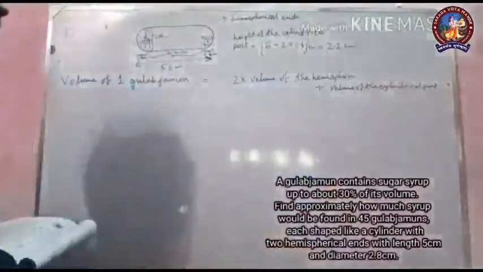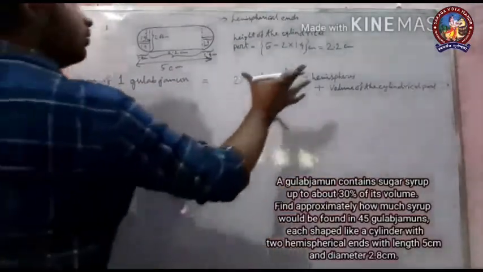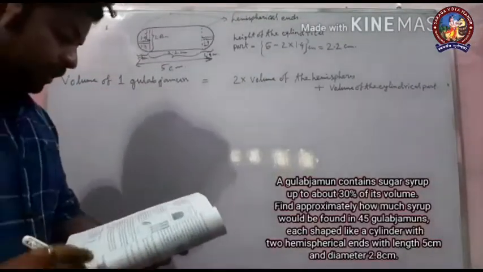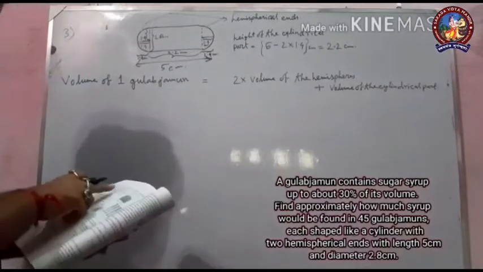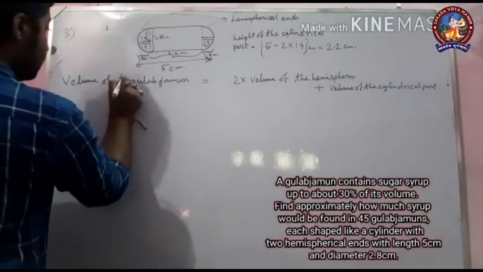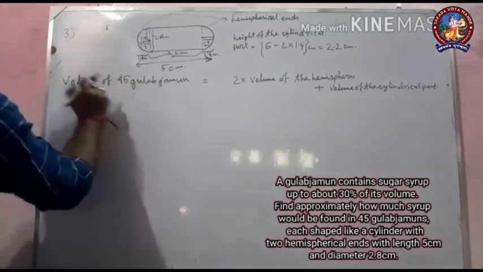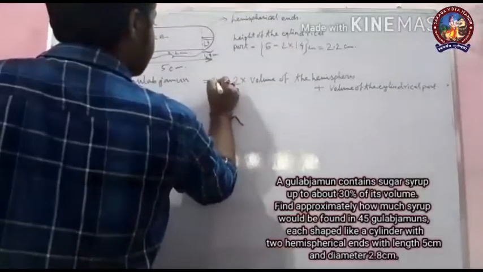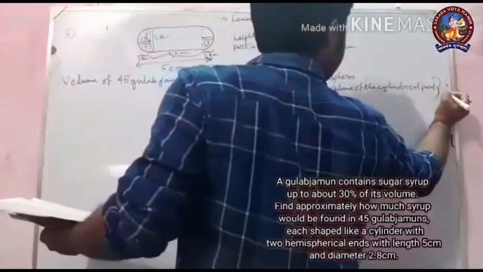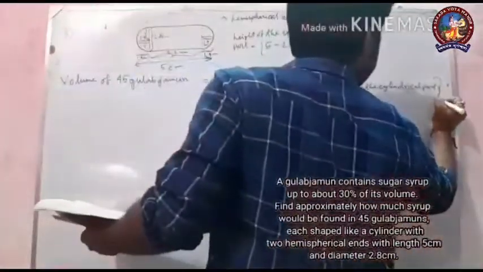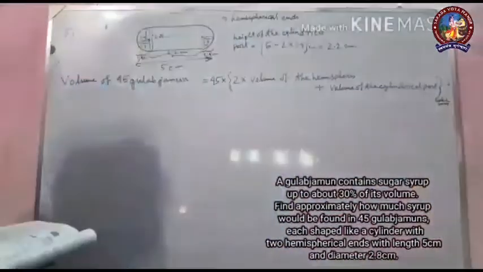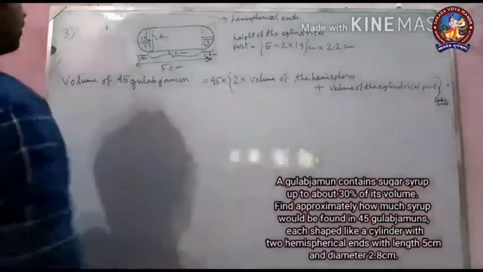This will be the volume of one gulab jamun. Now I have to calculate the volume of 45 gulab jamuns, so multiply this by 45, in cubic units. This will be the volume of 45 gulab jamuns.